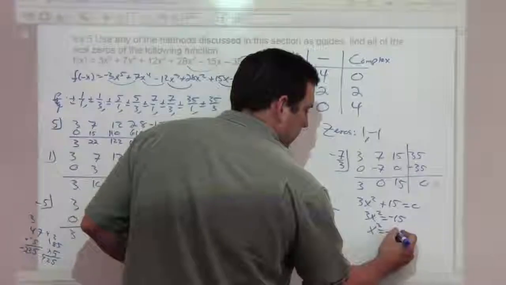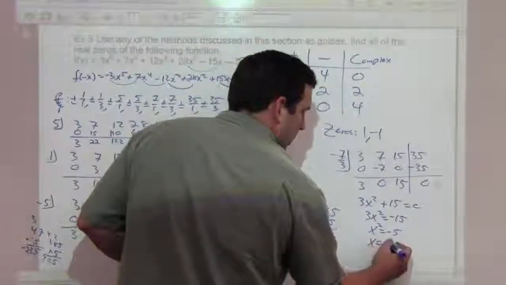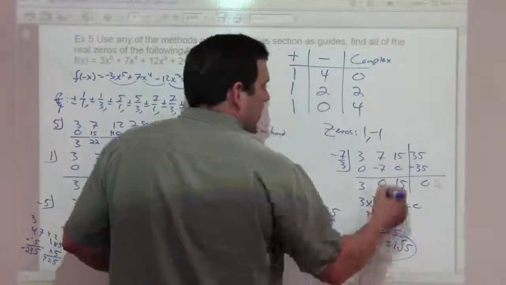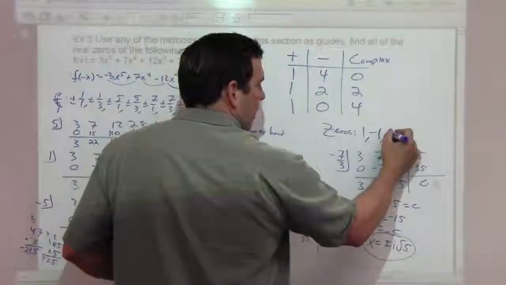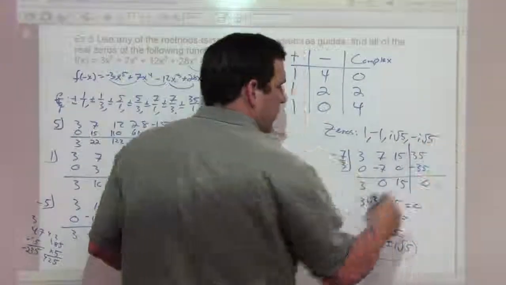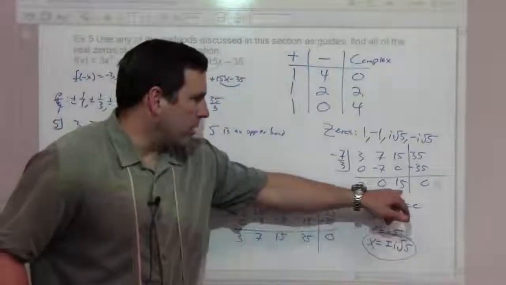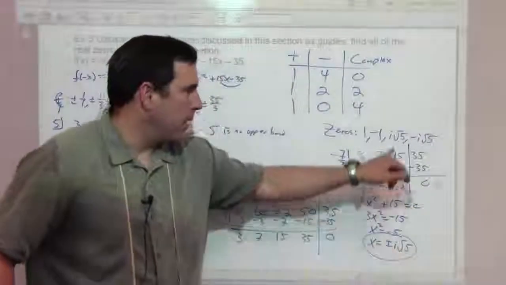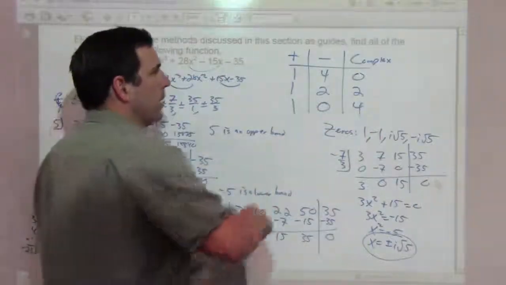X squared is negative 5. X is plus or minus i times the square root of 5. So we have 1, negative 1, i root 5, negative i times the square root of 5. So all I do is set the resulting quadratic equal to 0 and solve for it.